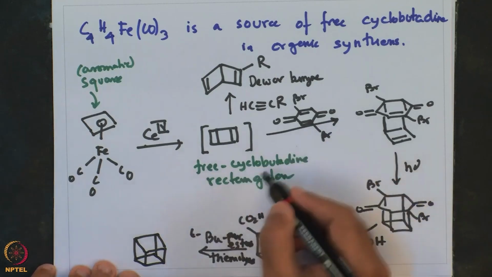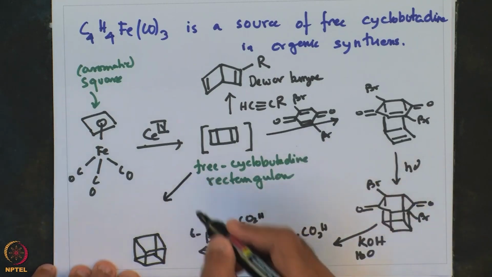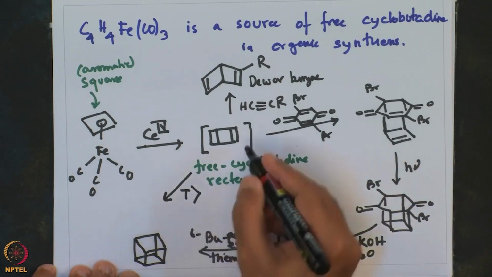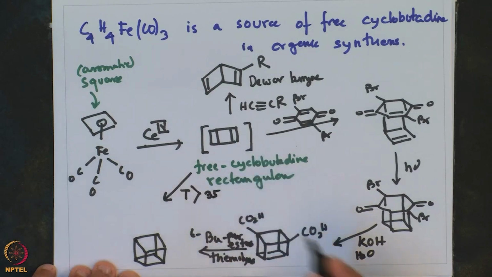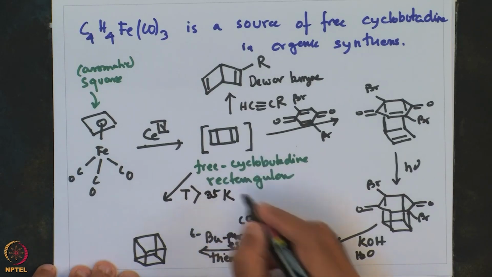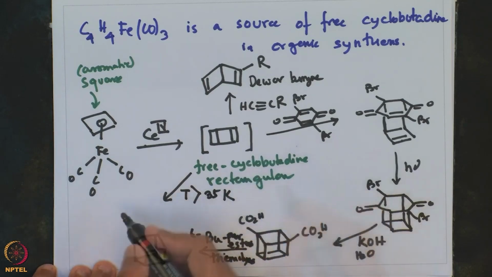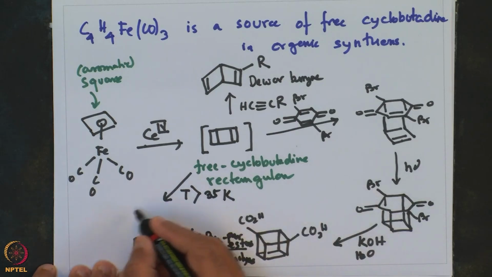And also this free cyclobutadiene is unstable, and at 35 degrees Kelvin undergoes a reaction to give this.